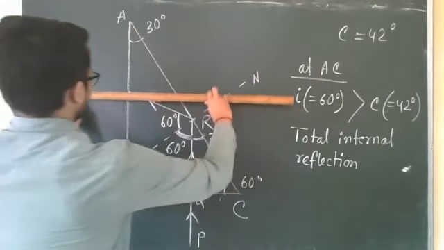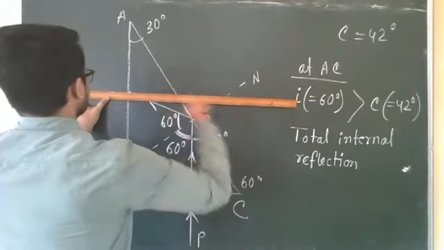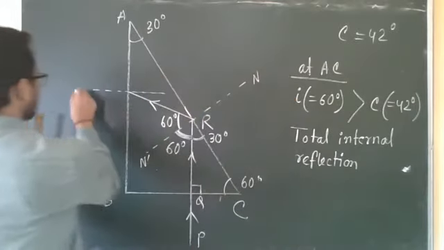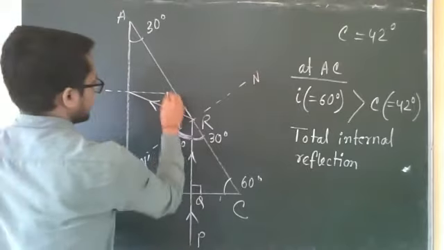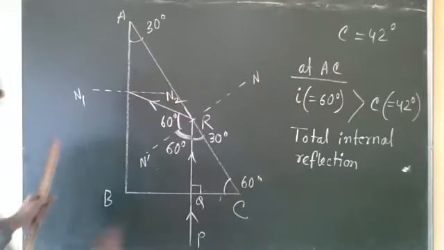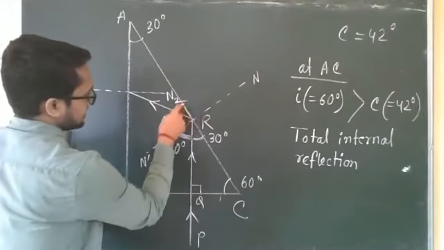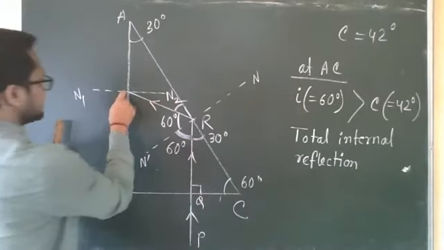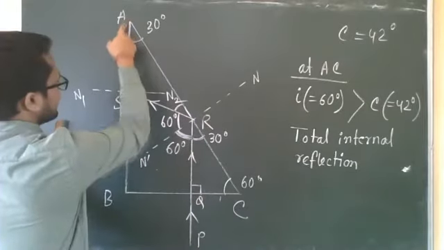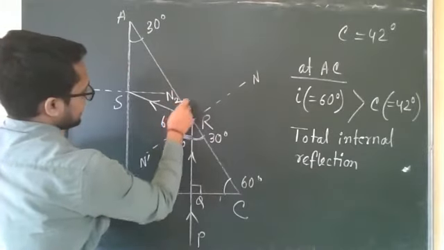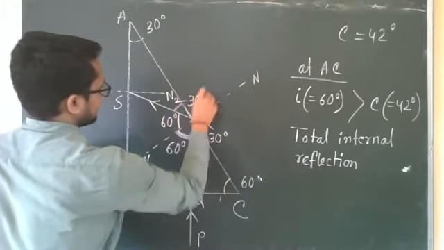Now again we'll draw the normal at surface AB because here also the ray is not along the normal. At surface AB, give names N1, N2. What will be the angle of incidence here? This is 60. For triangle ASR, this is 30 degree, since this is 60.